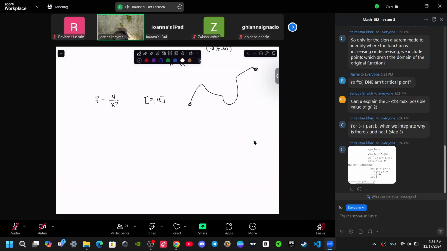We don't care. This point is going to be 2, f of 2. And this point is going to be 4, f of 4. I'm not saying the graph looks like that. It doesn't. So what are those numbers? If you plug in 2, you get 2 squared times 2, 4 times 2, so that's going to be a half. And if you plug in 4, unfortunately, you're going to get 4 to the 4th. So it's going to be 1 over 16.